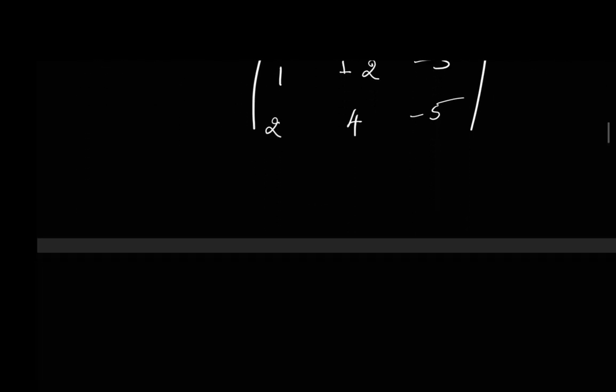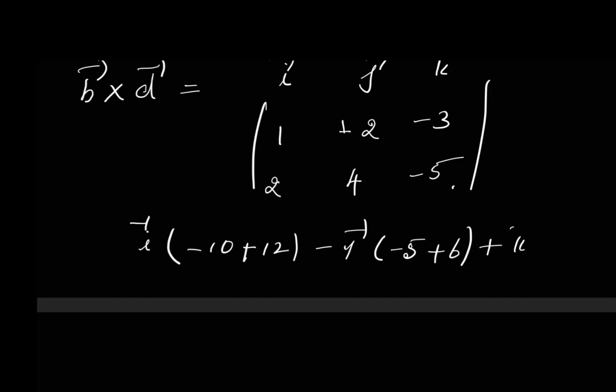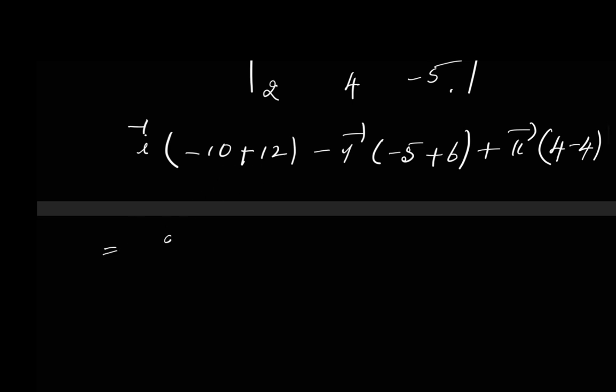So you find the cross product here. i into, leaving off this column, minus 10 minus 12, so you will get plus 2. Then minus j into minus 5 minus 6, so plus 1, minus j. Then k into 4 minus 4, which is 0. So you will get 2i minus j, and no k vector here.